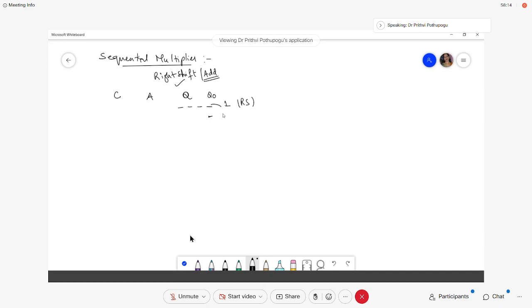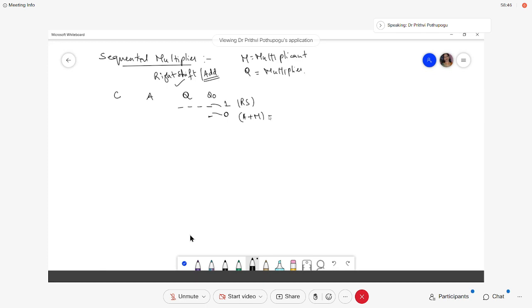Say M is the multiplicand, then Q is the multiplier. So into the accumulator, we add the multiplicand bit and then store. If Q0 bit is 0, then we do the right shift.